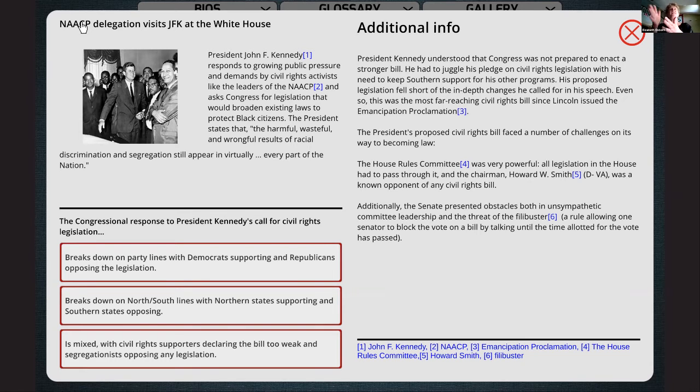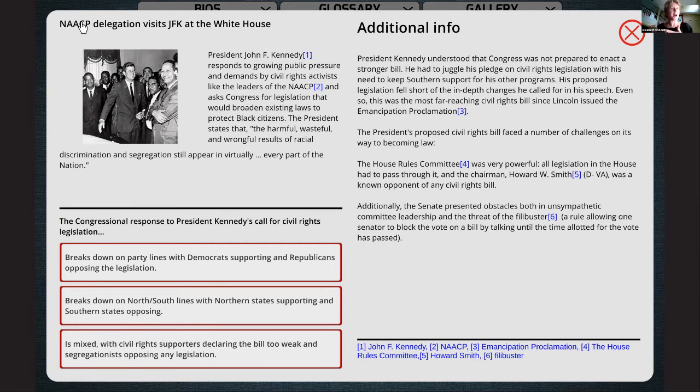And Robert Kennedy and LBJ take up the mantle of this civil rights legislation and start trying to use not only the tragedy of all these civil rights events that have happened in the summer, but also the tragedy of the assassination to try to move it forward. So this really shows your students, rather than the more traditional how a bill becomes a law, the interconnection between these actions and really how Kennedy proposes this legislation.